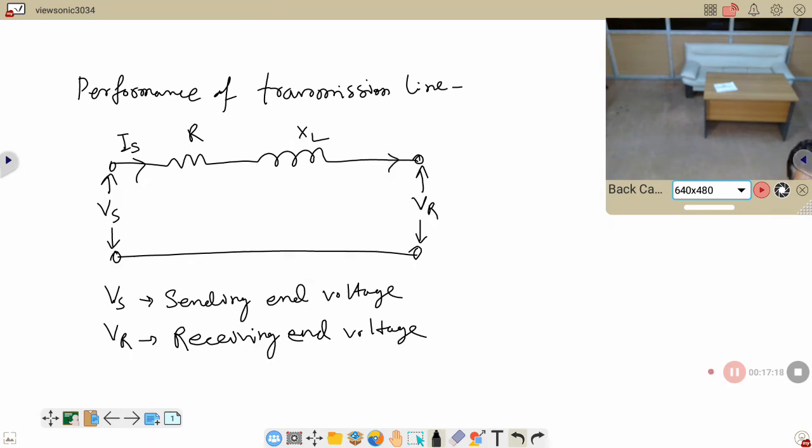At the receiving end, it is called receiving end current. But we know in a series circuit the current flowing through each and every component is the same.